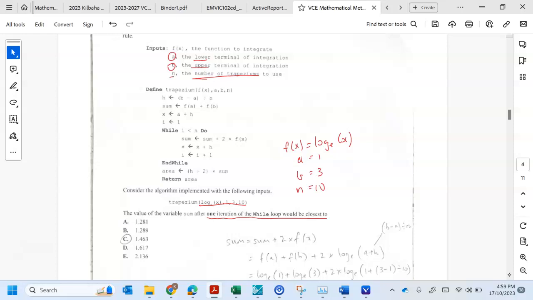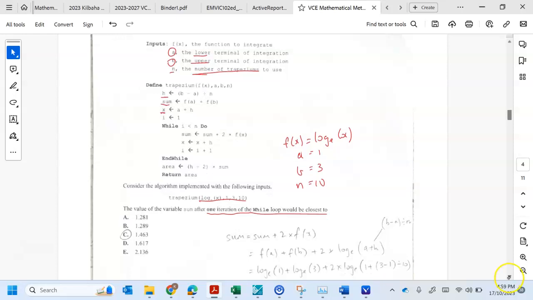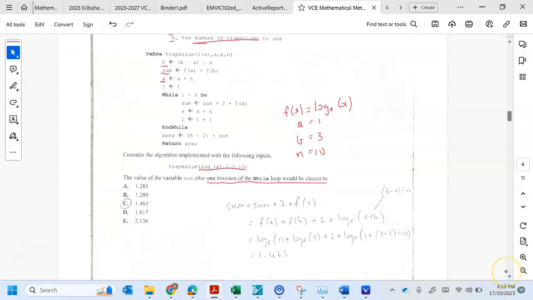So we've got h, we've got the sum, and we've got x. Down here in our while loop, we've got to do this sum plus 2 times f of x. I've written it down here: sum plus 2 times f of x.